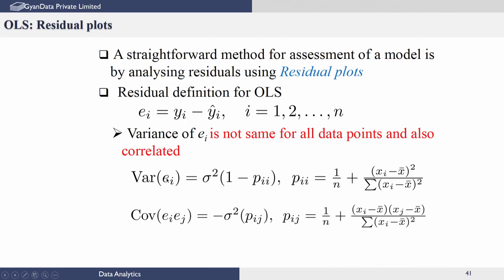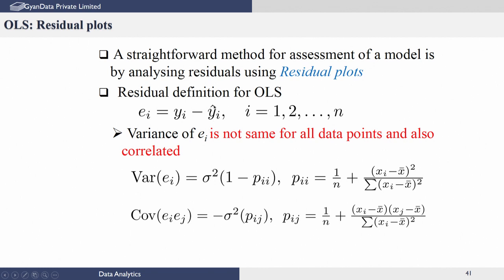We also can show that the residuals are not independent, even though we assume that the errors corrupting the measurements are all independent. The residuals of the samples are not independent and they have a covariance, which can be shown to be given by this quantity. The reason for the variances of the residuals not being identical, or for them being correlated, is that this yi hat is actually a result of the regression.